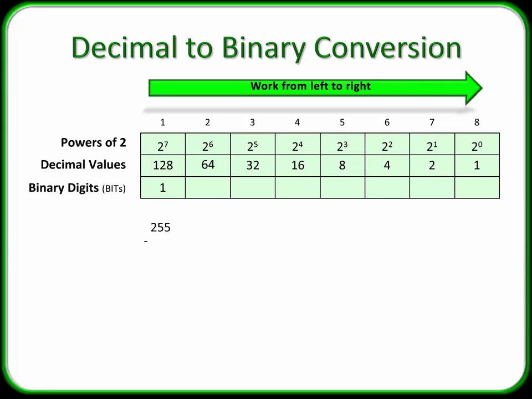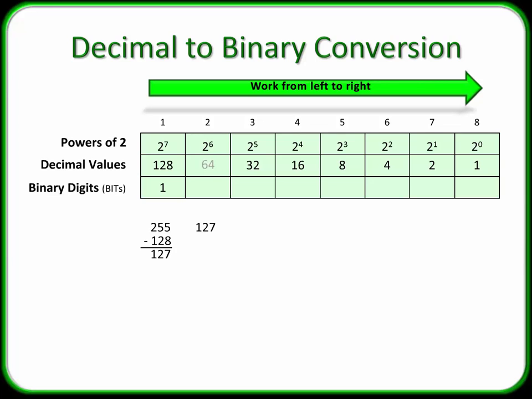Then I do the math. I subtract that 128 from 255, come up with the remainder of 127. Now I'll repeat that process each time we end up with a remainder until we get to a remainder of 0. So now my current value is 127. I want to look again at the decimal value row and see what is the highest number, working from left to right, that I can subtract from 127.